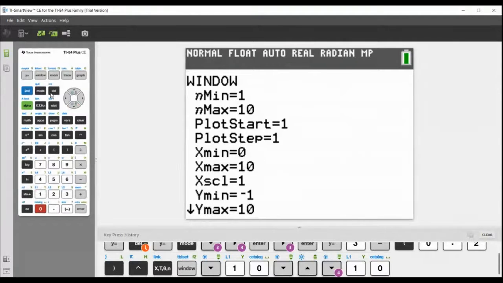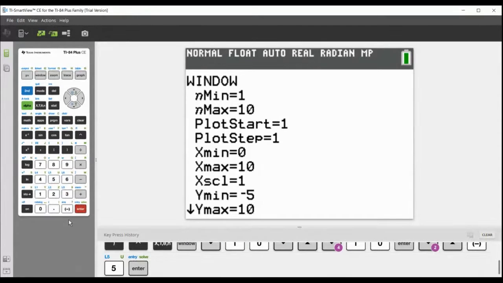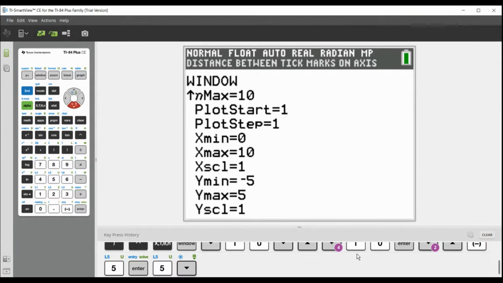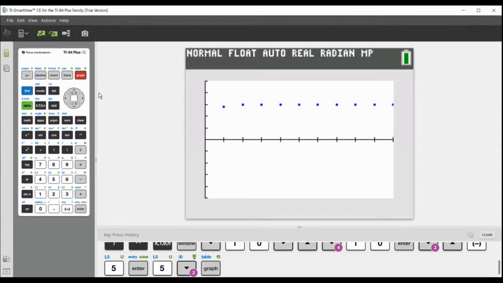X min, I'll go from 0 to 10. I like that to match the n max. X scale will be 1, that way I'm showing every value for every integer. And maybe I'll do -5 to 5 here. Let me just click on graph. Okay, and this is what I'm getting.